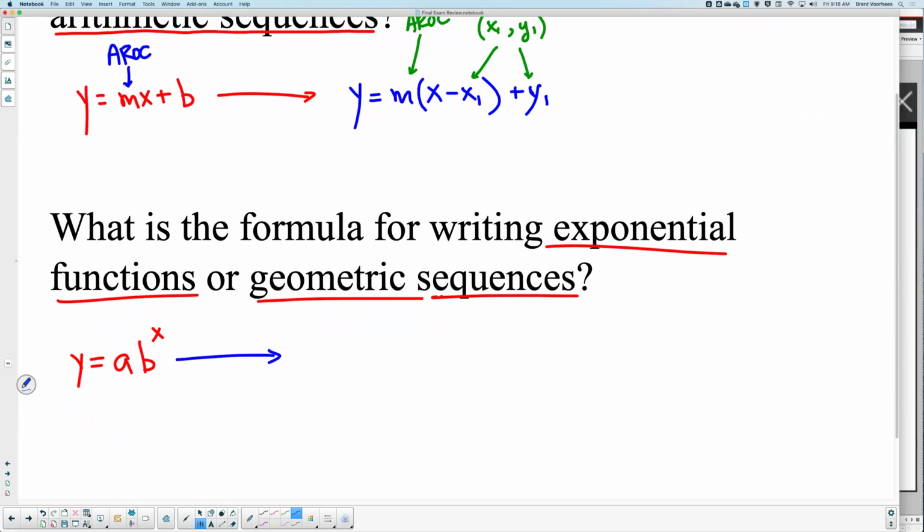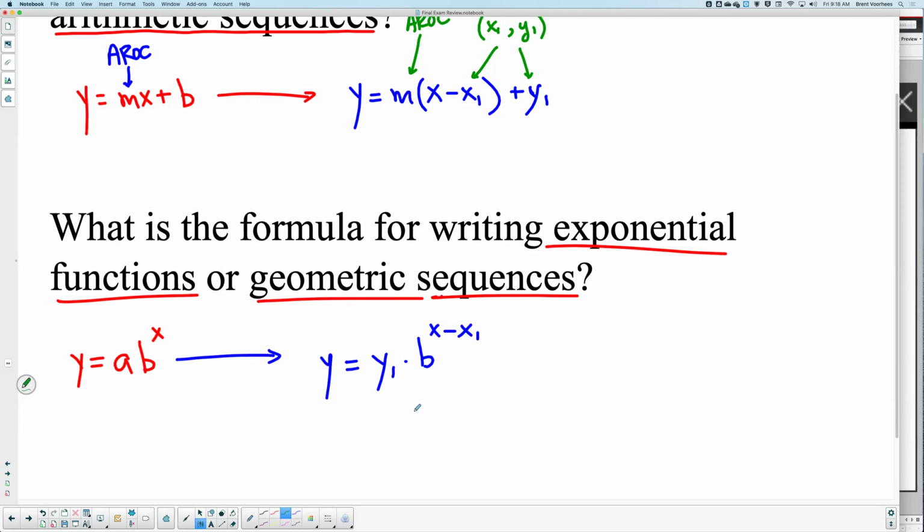And so the formula that would help you in my class is actually this. y equals, does anybody remember what we changed that a to become? y1 times the base to the power of x minus x1.